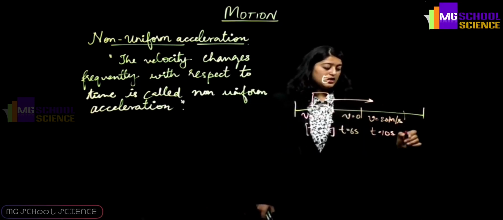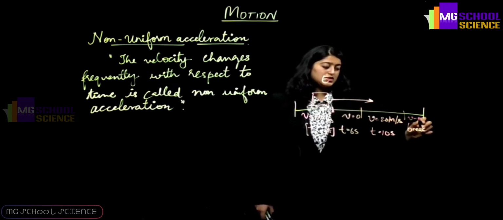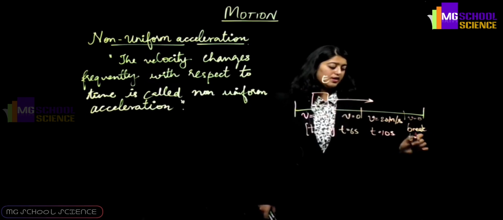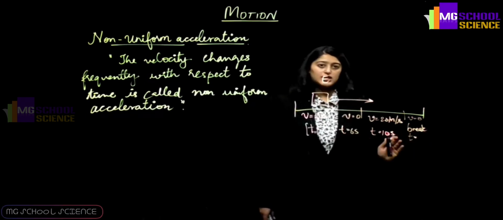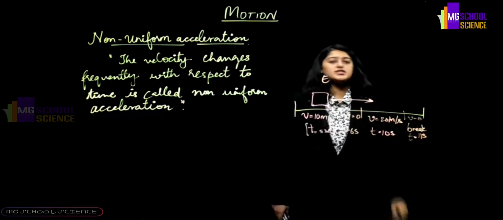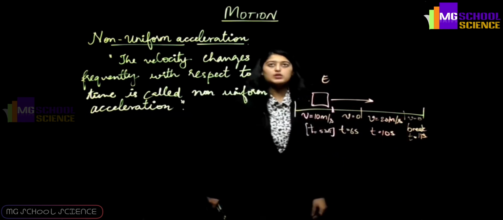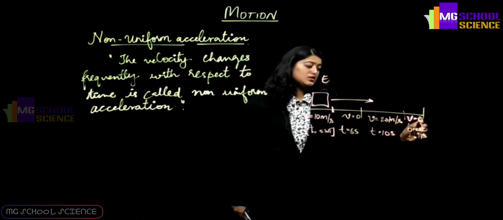Again, it puts on the brake so that the velocity becomes 0, and at the 11th second, V is equal to 0.